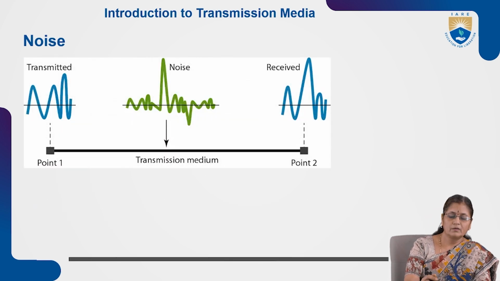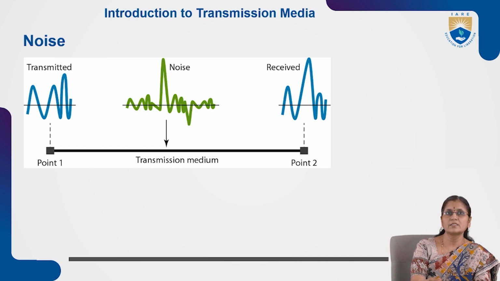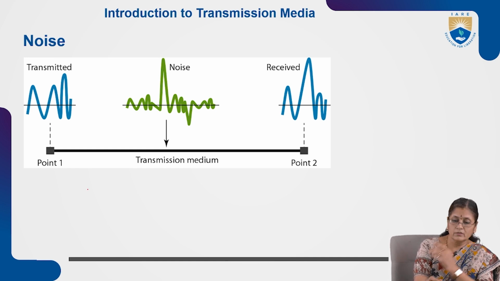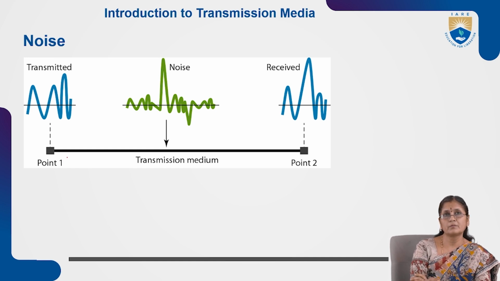So we'll understand what noise in the signal is with the help of a pictorial representation. At the transmitting end, let us suppose this signal is transmitted through the transmission medium at point 1.